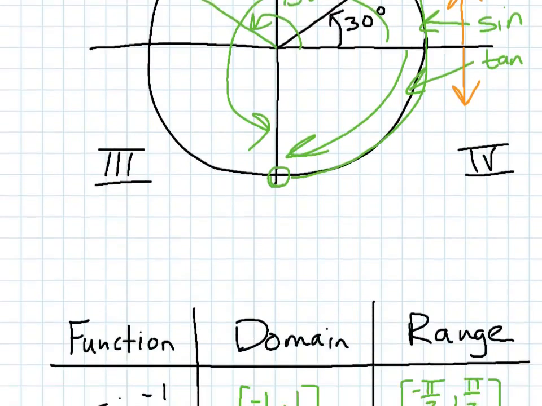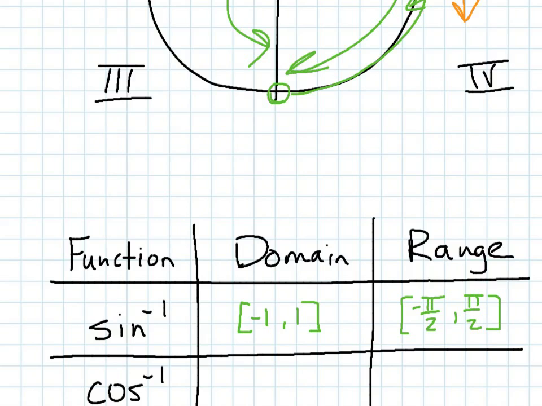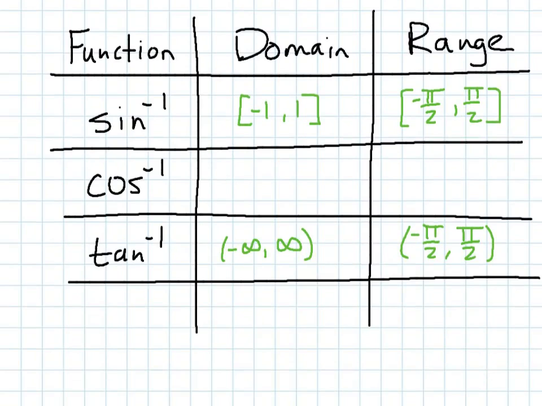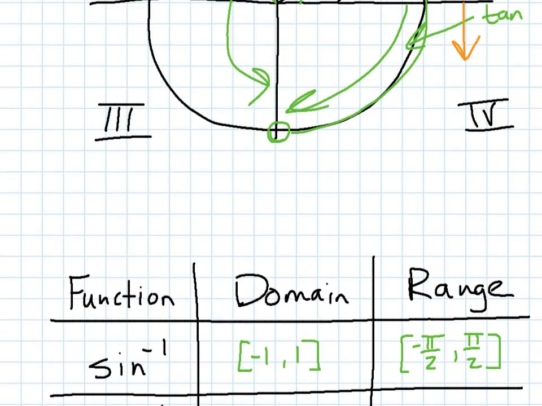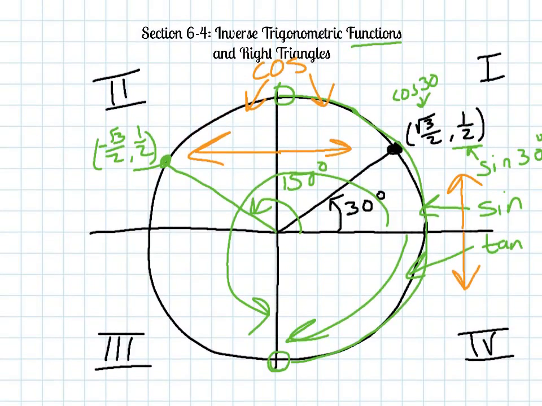So that means the domain goes from -1 to +1. Same thing. Okay, so from pi it's -1 and all the way to 0 it's 1. And then that means that I can go from 0 to pi. So those would be the domains and ranges for your unit circle to find inverse trig functions.